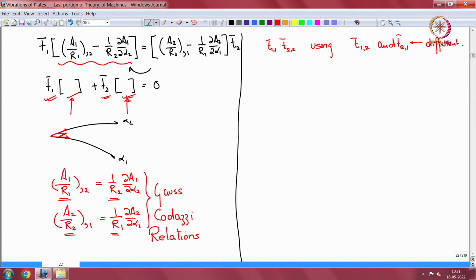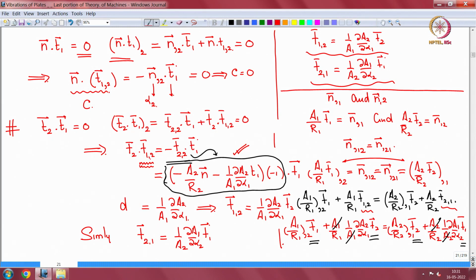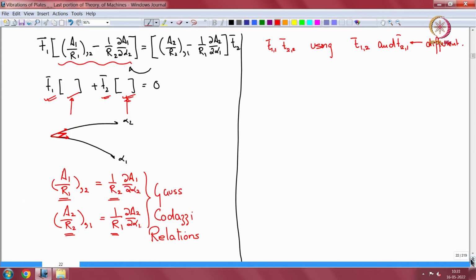So, there is no circularity. It is not that I am finding T12 using T22 and deriving T22 using T12. No. So, we will first derive T1,1 and T2,2 using a different set of T1,2 and T2,1. Okay. So, let us see.